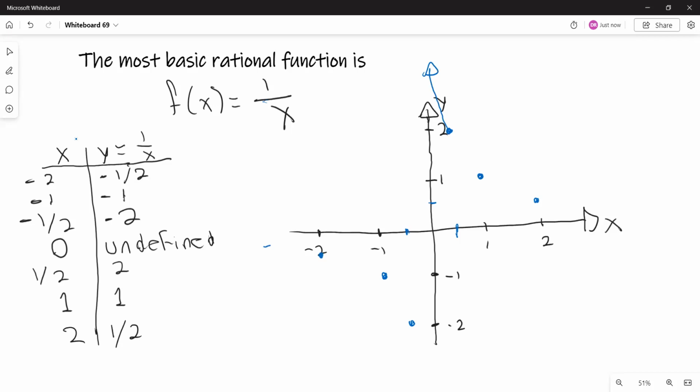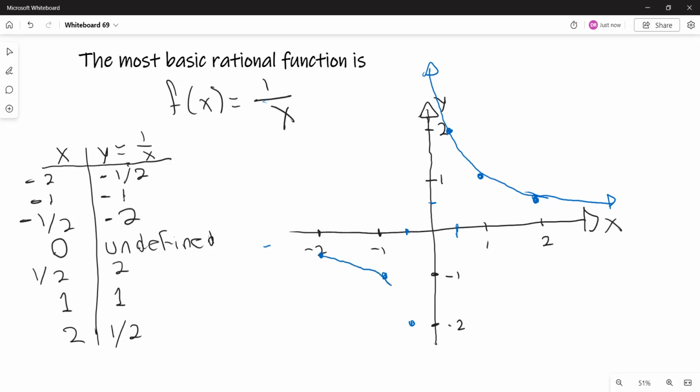And when x approaches infinity, that is when x gets larger and larger, y will remain positive, but approach 0.